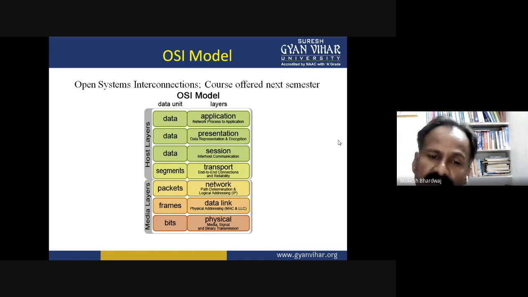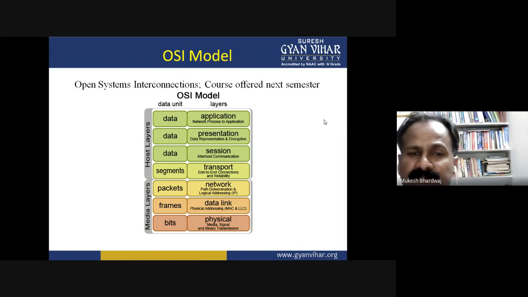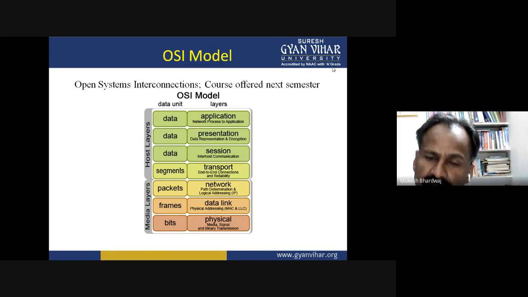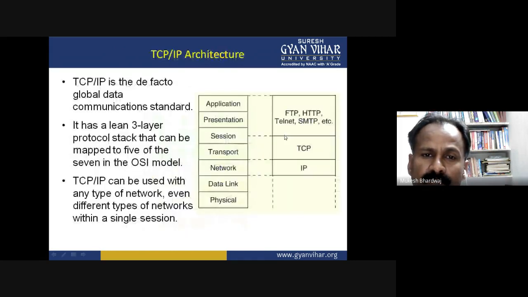After that, the frames are converted into bits and transmitted through the physical layer, that is media, signal, and binary transmission. So the OSI model is a very important reference model for electronic communication.